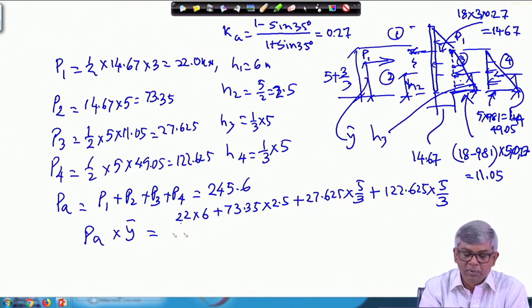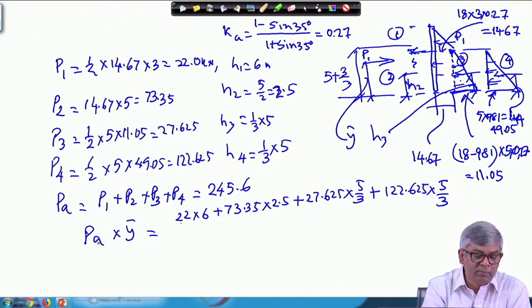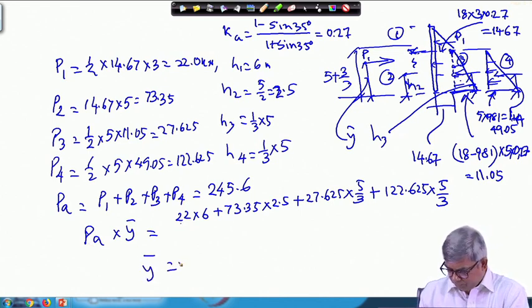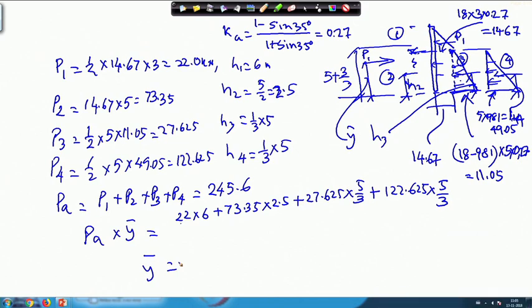So these two will be equal, and PA is already known. So y bar will be equal to 566.29 divided by 245.6. If I calculate this, you get a value of 2.3 meter.